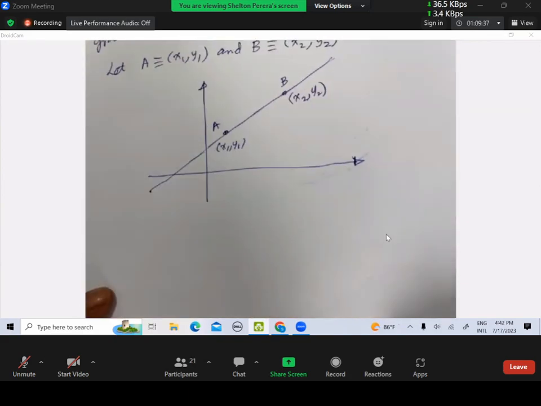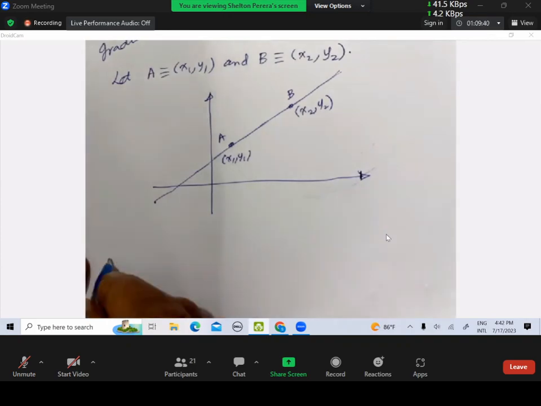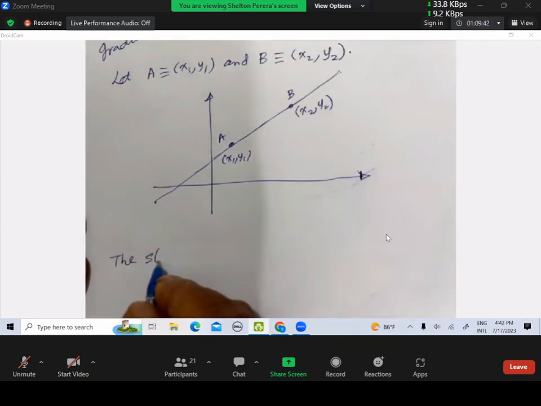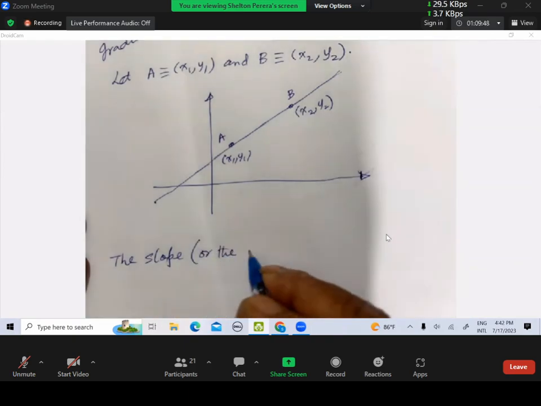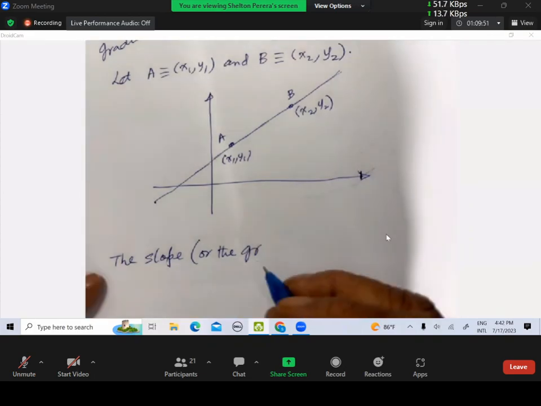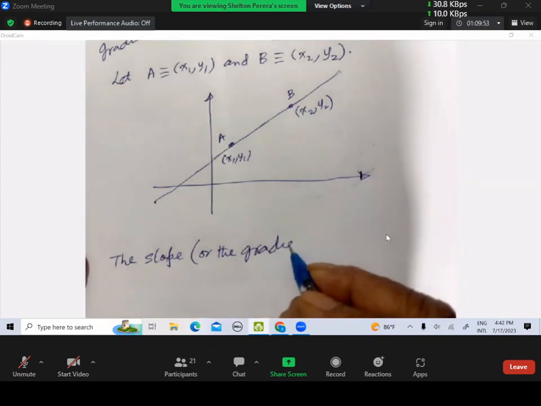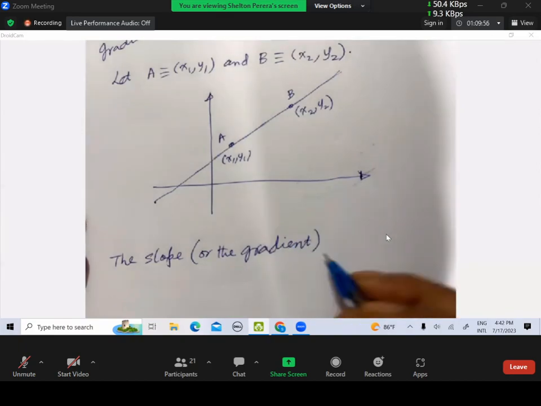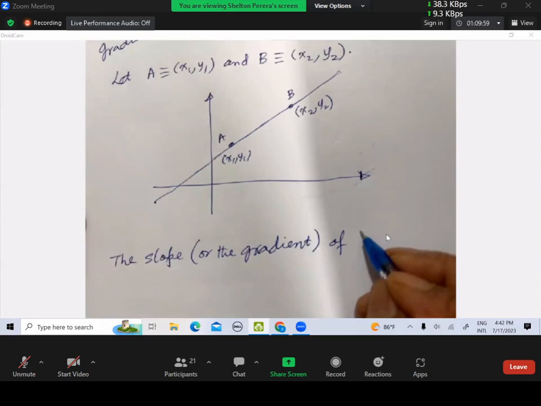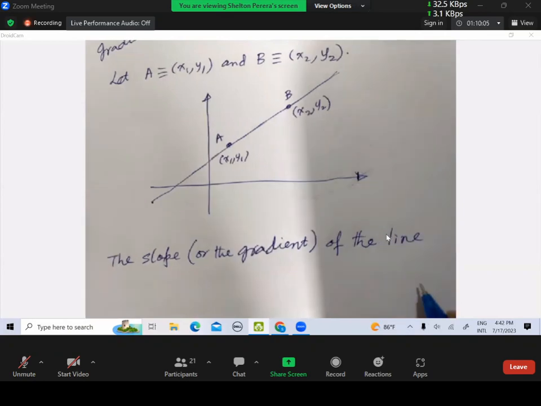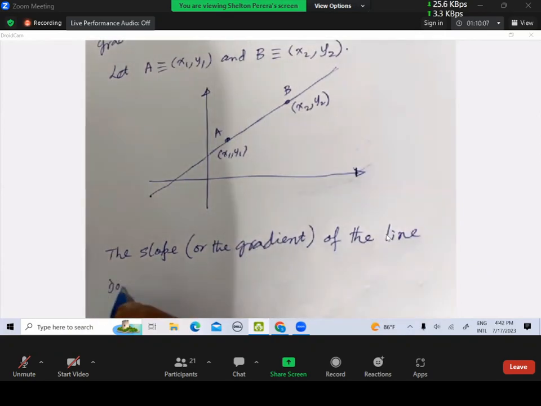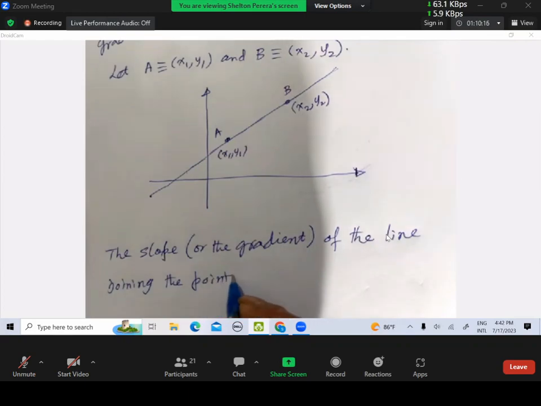Now, the slope or the gradient of the line, not the line segment, joining the points.